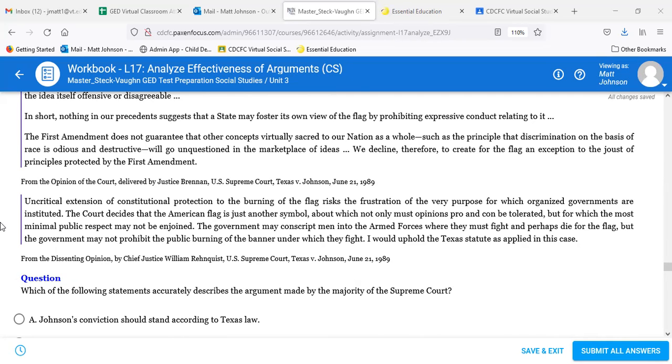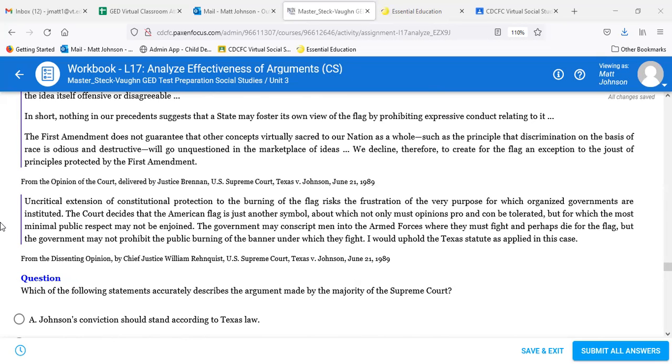The court decides that the American flag is just another symbol about which not only must opinions pro and con be tolerated, but for which the most minimal public respect may not be enjoined. The government may conscript men into the armed forces where they must fight and perhaps die for the flag, but the government may not prohibit the public burning of the banner under which they fight. I would uphold the Texas statute as applied in this case.